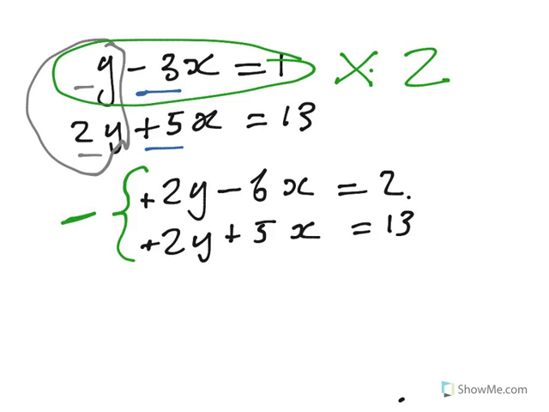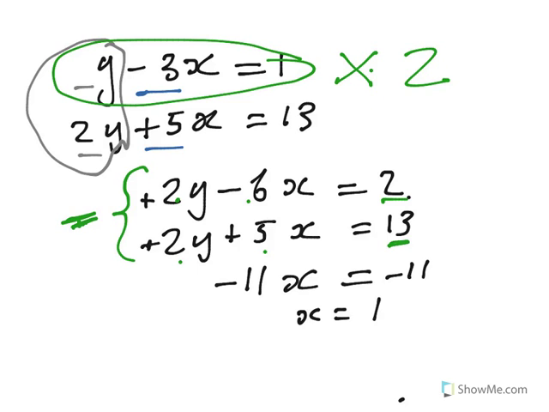So we'll go 2y minus 2y, that's 0. Then we've got minus 6 minus another 5, that would be minus 11x. And then I've got 2 minus 13, which would be negative 11, divided by negative 11, and x is 1.